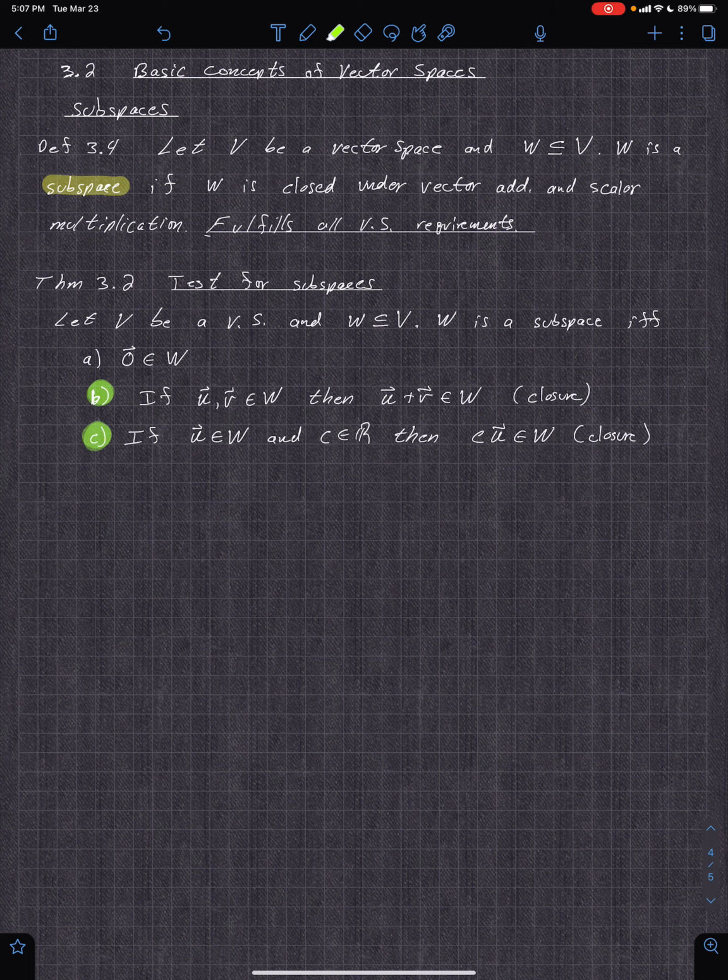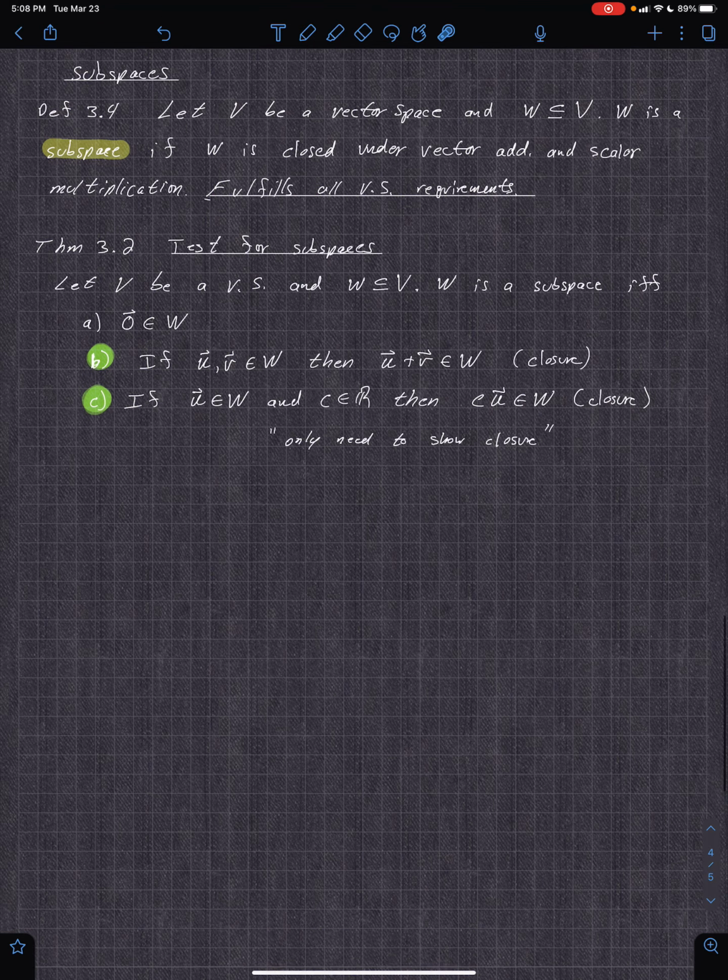Sometimes I write that down: only need to show closure for subspaces, because all the elements of W are already in V, so all those other operations have to hold if V itself is a vector space. You want to just show that it's always contained in that same subset.